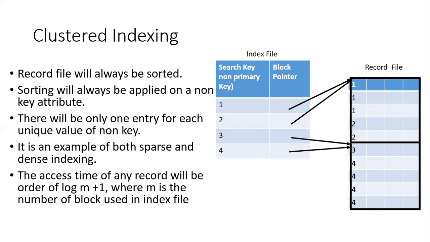You can see here the search key values 1, 2, 3, 4 are all present in the index file. And indexing is dense indexing when every search key value is present in the index file. That is why it is an example of both sparse and dense indexing.